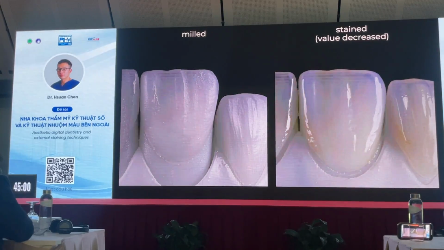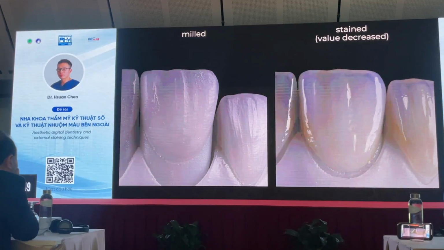If you look on the left, this is a milled veneer. It won't look very good. And the reason it won't look very good is because it doesn't look natural. It doesn't have all the natural tendencies of a real tooth. So what we need to do is we need to stain it. On the right, this is the same veneer, but stained. Once you stain it, you notice two things happen.